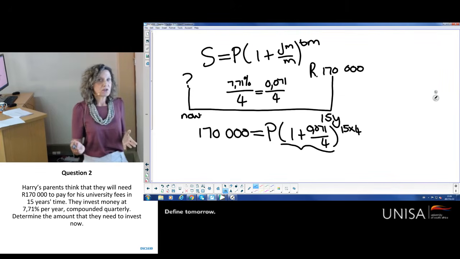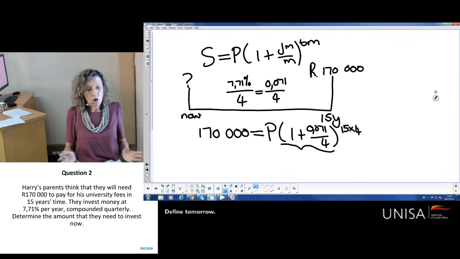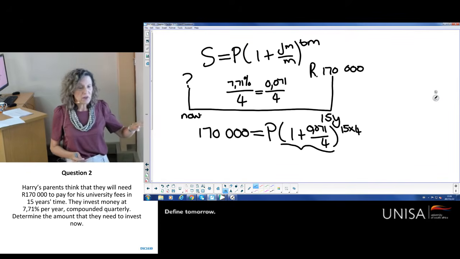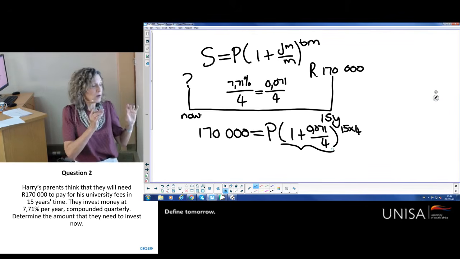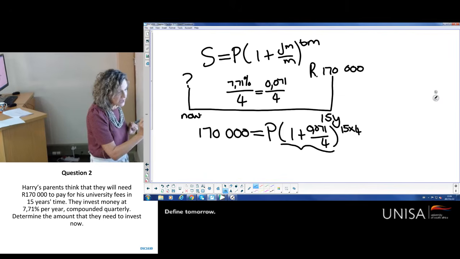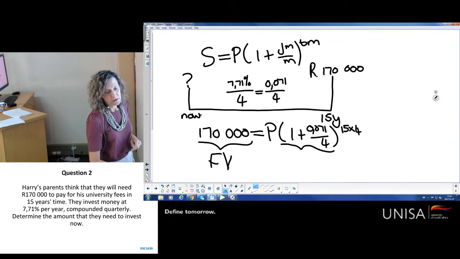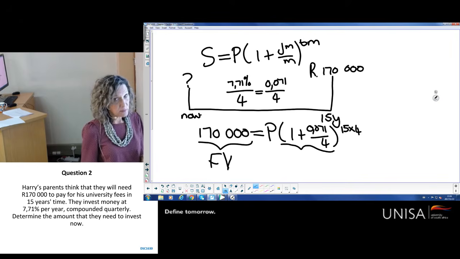Using your financial keys on your calculator is so easy. You don't have to change it. All that you need to do is fill in, I always say put it in the little boxes of your calculators. So for instance, the 170 is your future value. Your P you don't have. P is the present value.